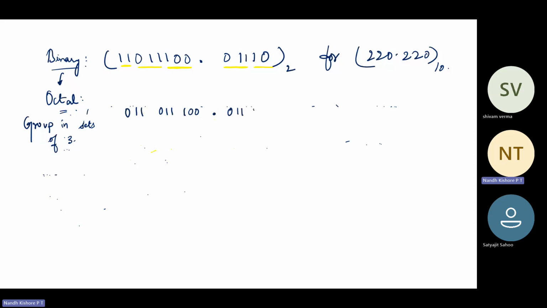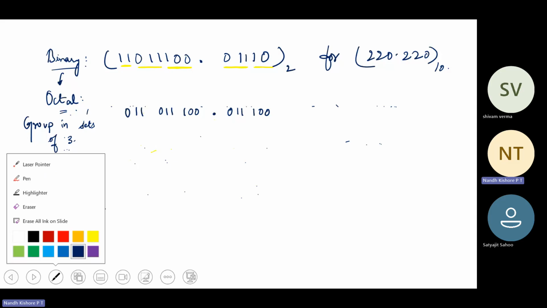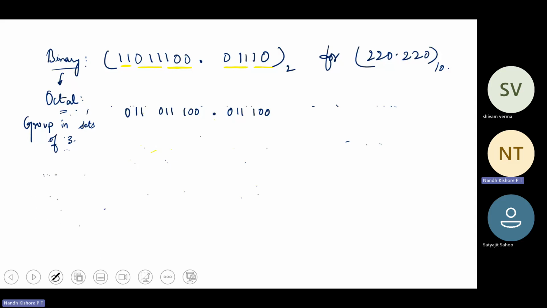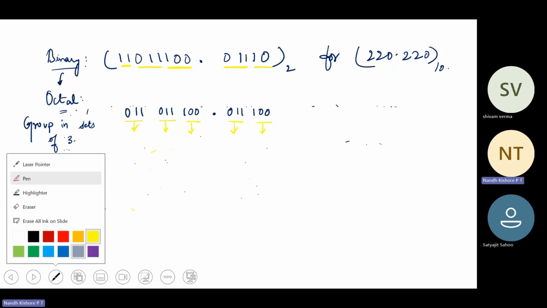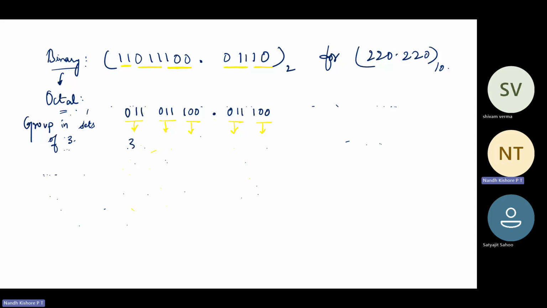This is how you have padded it, and now you can easily tell that 011 is going to be 3. 011 is again 3. 100 is 4. And 011 is 3, and 100 is 4. So you end up with 334.34.